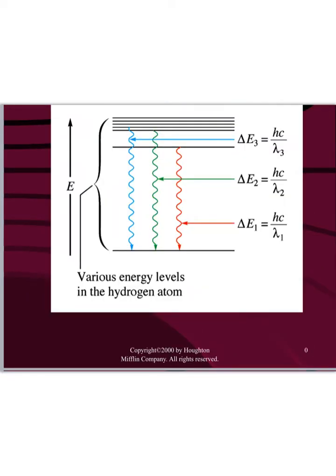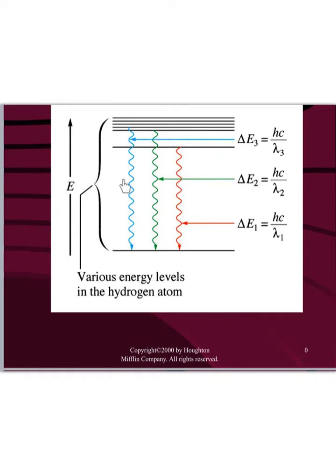This is a really good diagram showing the different waves, the colors, and how much energy is associated with them. One thing I want to point out as you look at the energy here: these are the energy levels. All of these lines are the energy levels. Notice that the energy levels are not equally spaced.